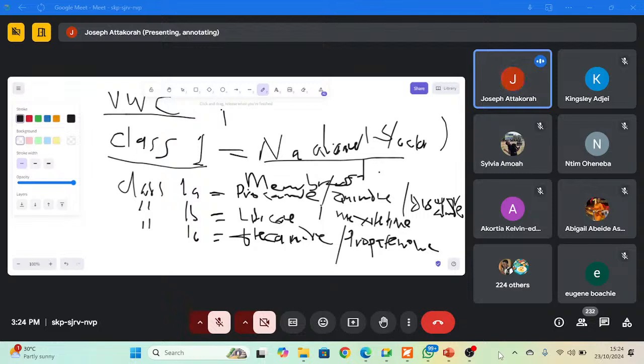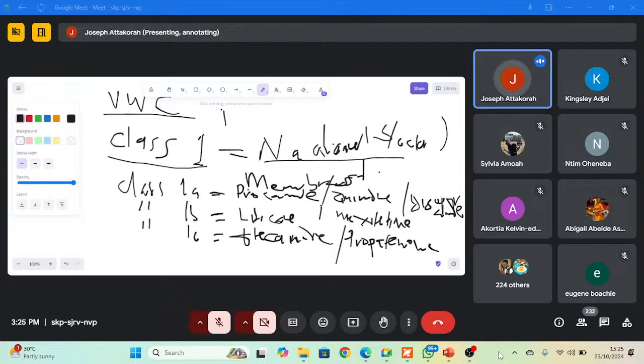If the binding effect is not sustained for a longer period, then the drug is not effective. It's not potent.